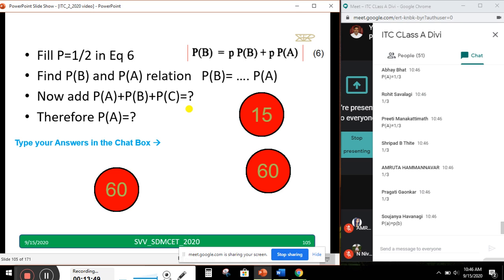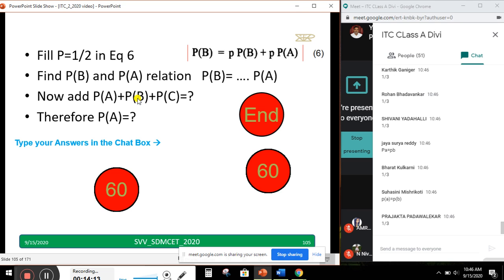Sripad, Preeti, Rohit, Saujanya, okay. 1 by 3 and P of A equal to P of B is correct. Sharan, Siddharth, Karthik, Rohan, Shivani, all are getting 1 by 3. Jaysurya, Bharat Kulkarni and Suhasini Mishrikoti, P of A equal to P of B. Prajakta, 1 by 3. Good.